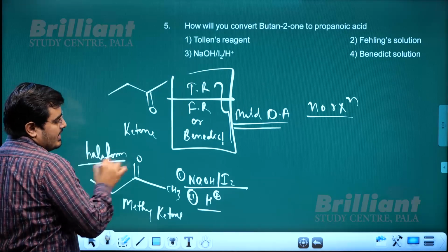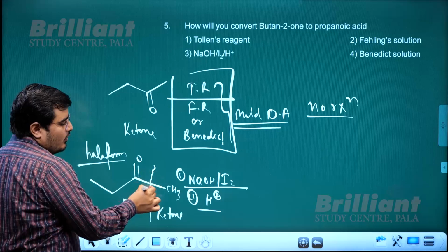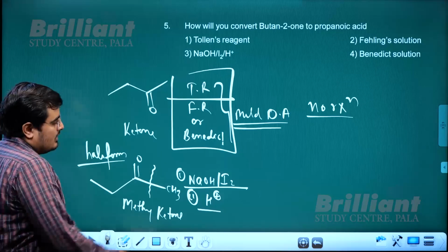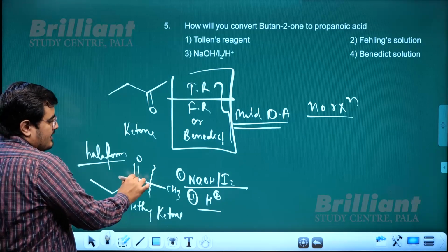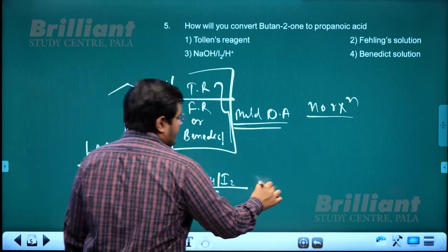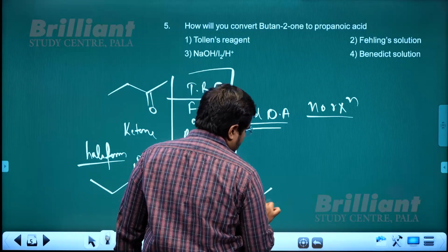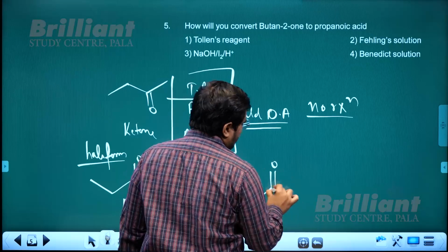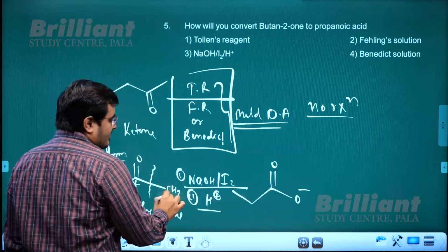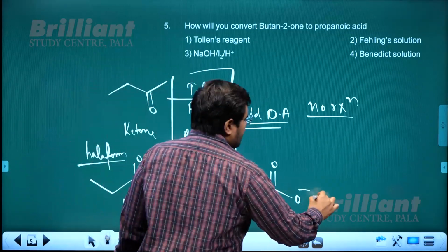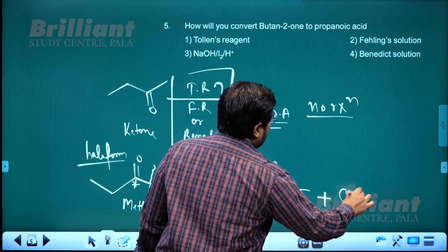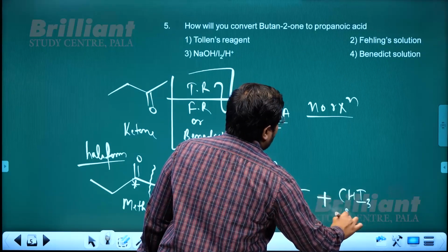In haloform reactions, what happens is the bond between the methyl group and CO will break. This carbon will be oxidized to carboxylate, whereas this CH3 group will be converted into iodoform, CHI3.